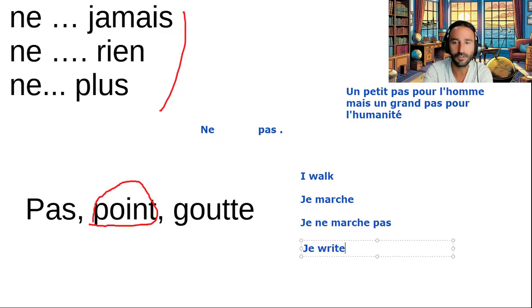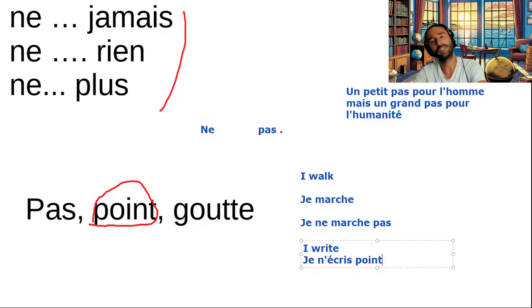I don't know how to pronounce it in English. I write, in French, is j'écris. Okay. Alors to say I don't write even a point, we say je n'écris point. It was before, hein, it was a long time before. Je n'écris point. It's an old negation, nobody uses this.